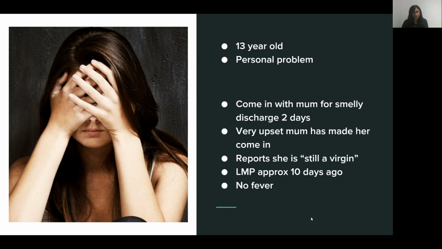So you're immediately all over thinking about STIs, because teenagers who engage in sexual activities but don't have penetrative sex are at a much, much higher risk of STDs because they won't use a condom. So yes, while she's technically correct that she's not had penetrative sex, she's still quite high risk for an STD.